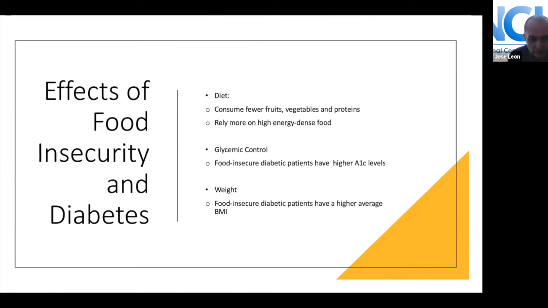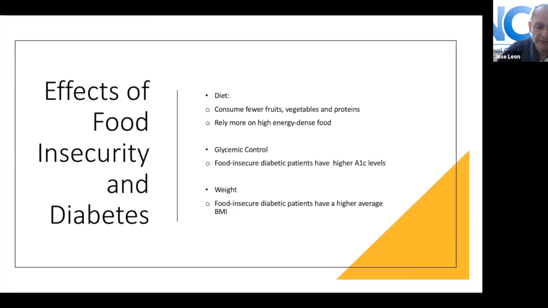So when patients are food insecure due to different reasons, because they are low income patients, or they are at this moment, for instance, due to the pandemic, unemployed, they tend to go to places where they can get only high energy or high calorie food, and that is going to affect their metabolism.